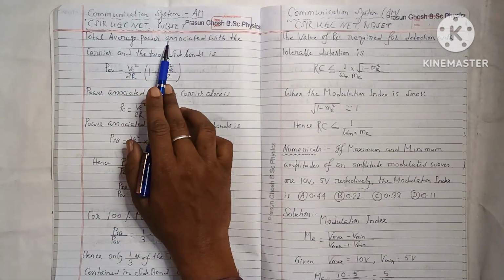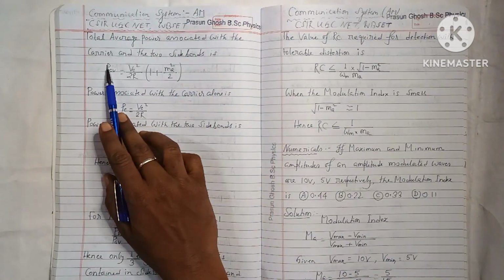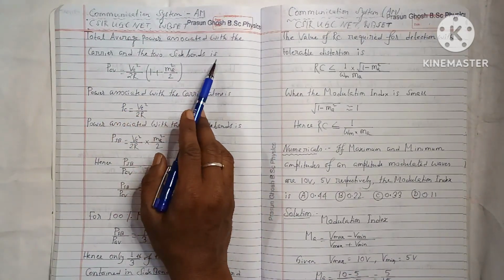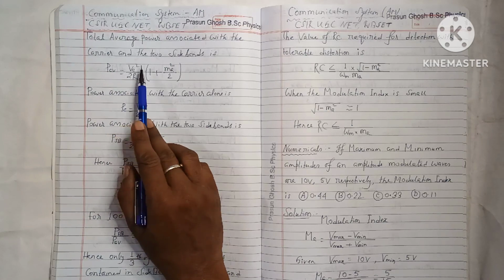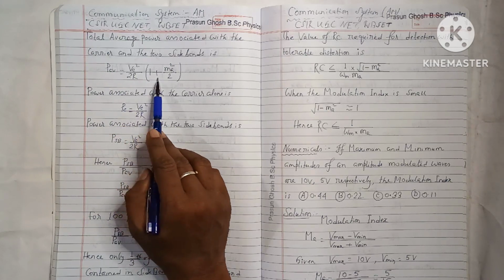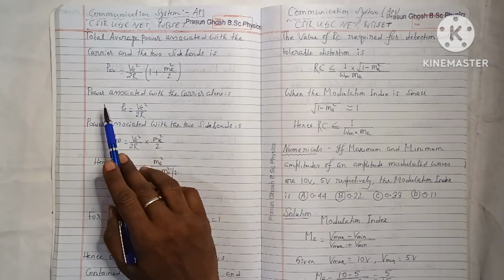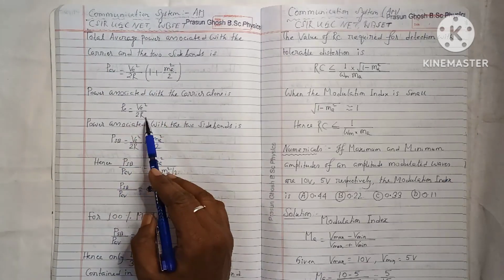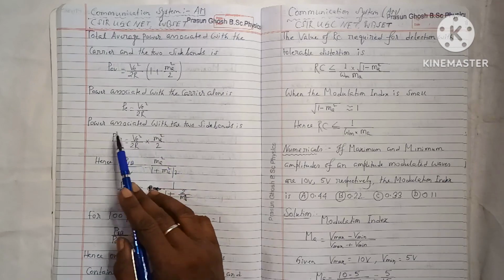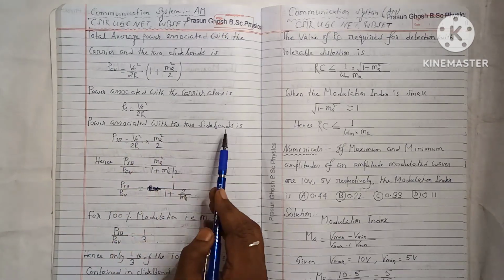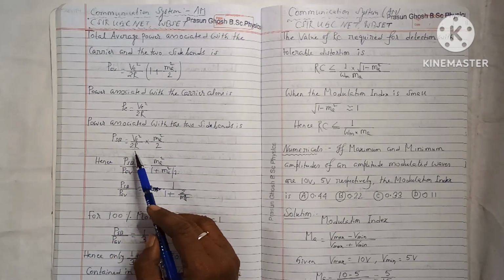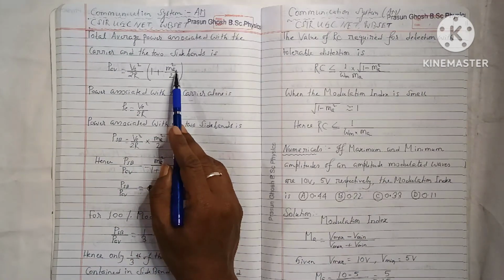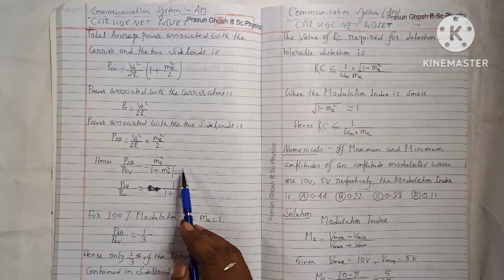The total average power associated with the carrier and the two sidebands is P average equal to Vc square by 2R times (1 plus Ma square by 2). The power associated with the carrier is Vc square by 2R. The power associated with the two sidebands is Vc square by 2R into Ma square by 2.